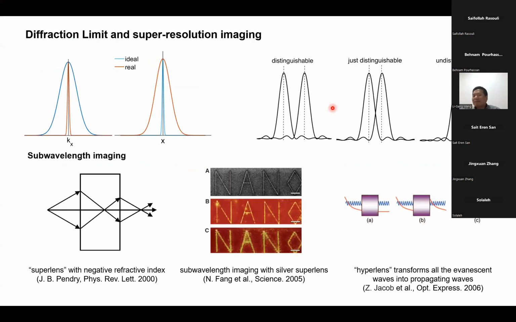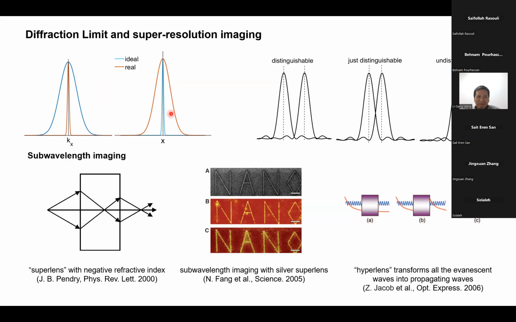Firstly, let us review the concept of optical super resolution and some current research progress. We all know that a light beam can be considered as a superposition of many plane waves with different spatial frequencies. The high frequency evanescent waves cannot propagate to the imaging plane, which means the mode width is much narrower than the ideal situation.